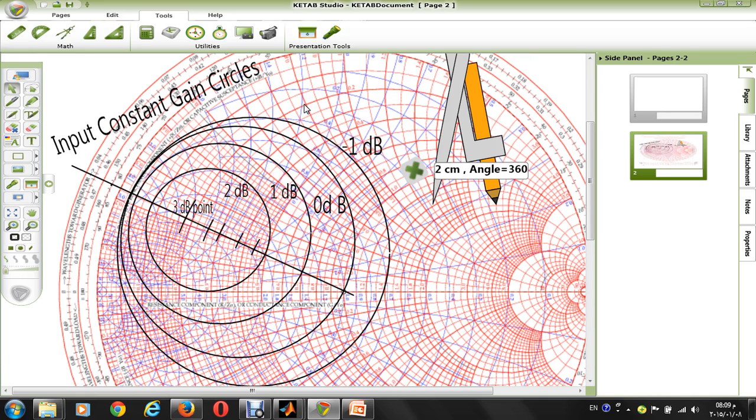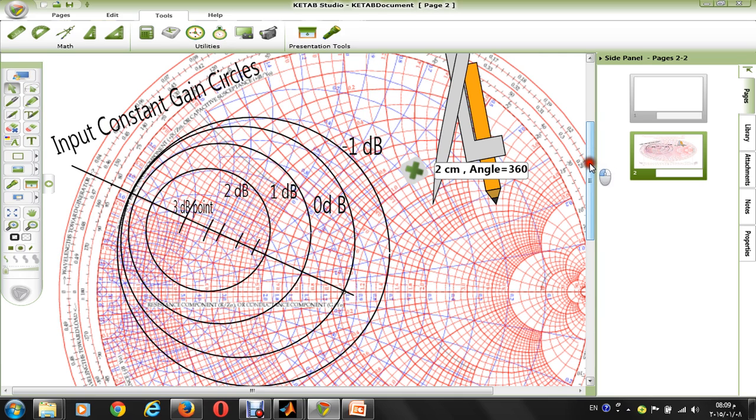We find out that when the gain is smaller, the constant gain circle is larger. Now, these are the constant gain circles for the input.